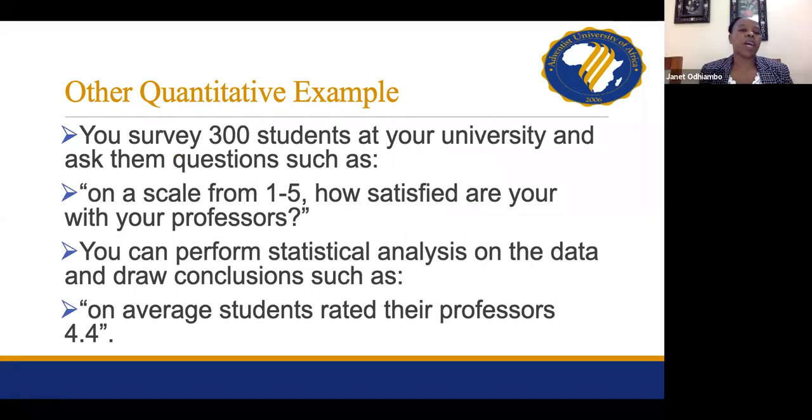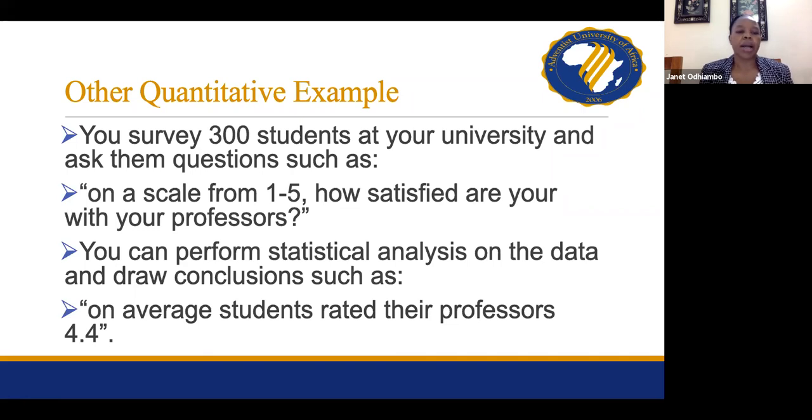If I want to do a survey on like 200 or 300 students at the university, and some of the questions are like, on a scale of 1 to 5, how satisfied are you with your professors? With these results or findings, I'm able to do a statistical analysis. And from the statistical analysis, I will draw conclusions.